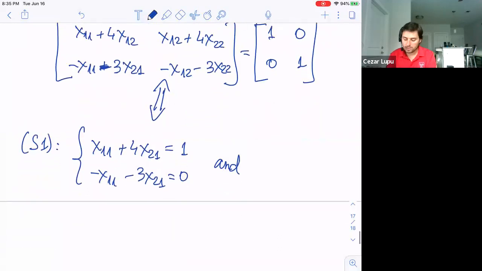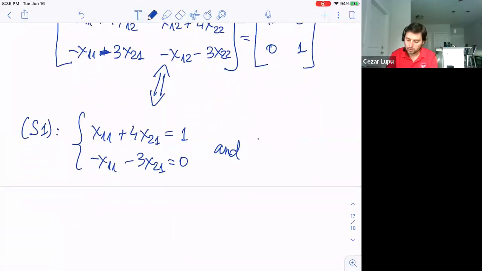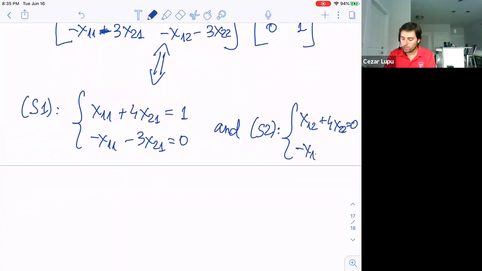And the second system, S2, let me write it here, will be x12 plus 4x22 equals 0, and negative x12 minus 3x22 equals 1. Okay, so these are the two systems.